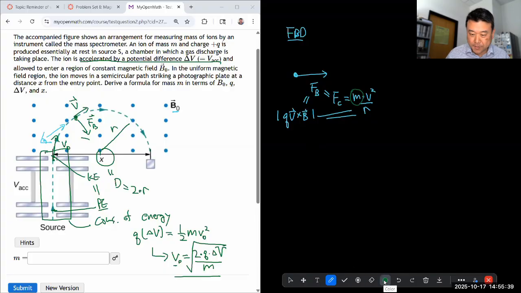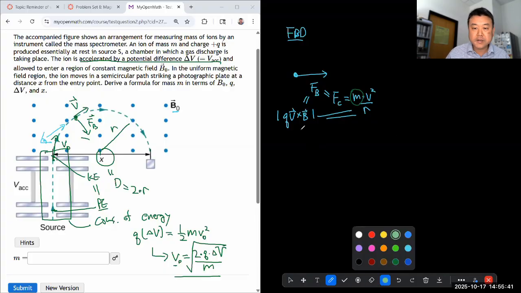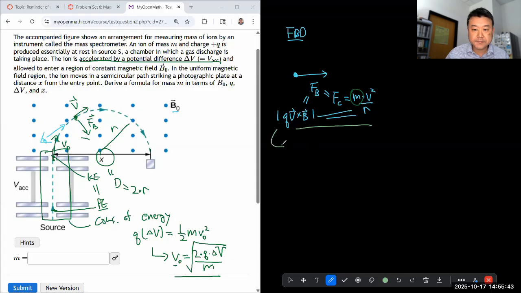So let me go back to my original equation and solve this expression for mass. Mass is equal to, moving v squared over r to the other side, r times q times v naught B naught divided by v naught squared. Some factors cancel, I can cancel one factor of v naught.